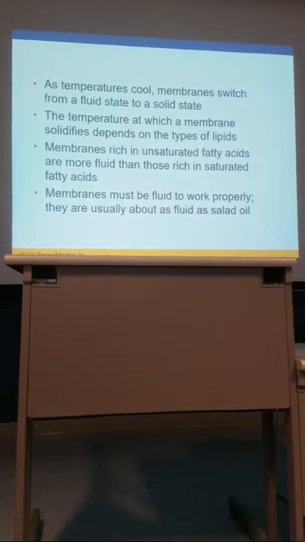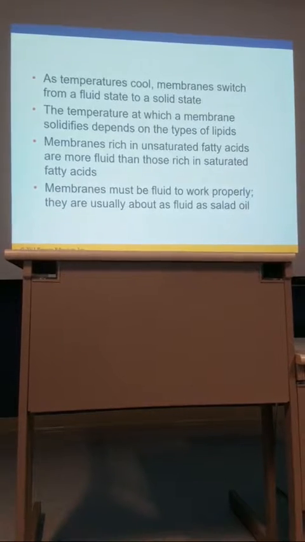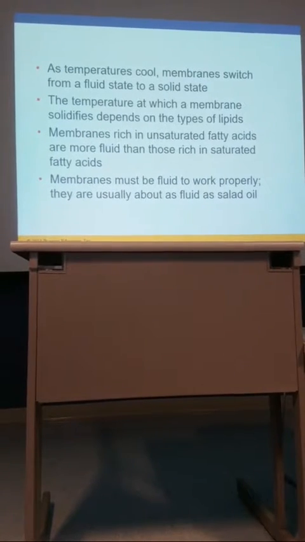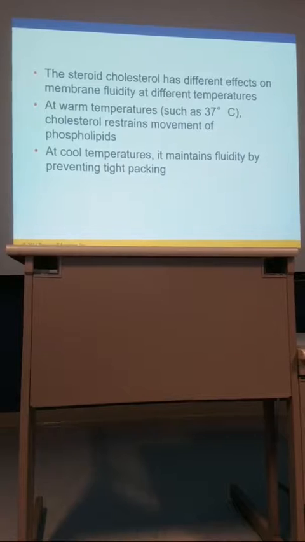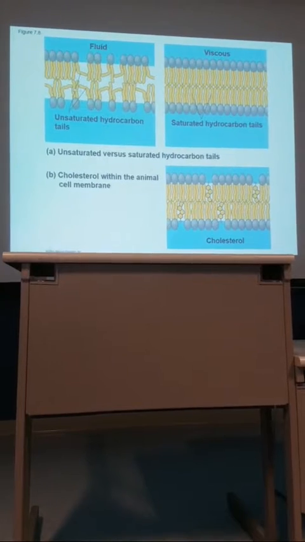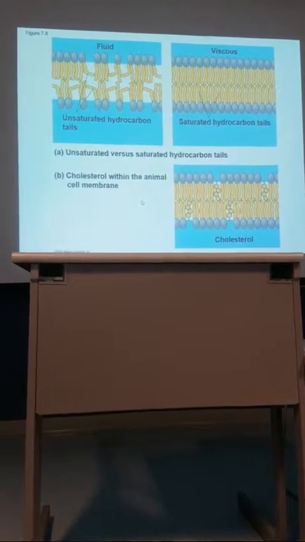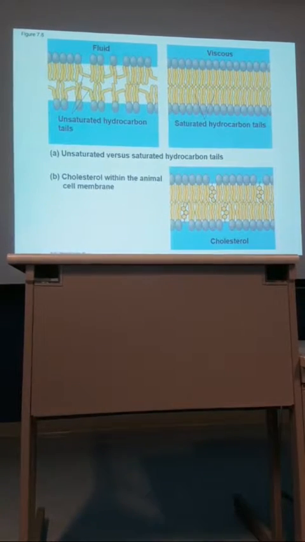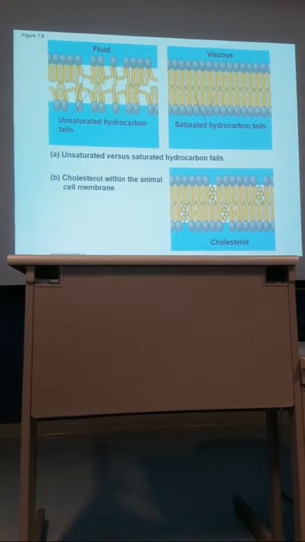Most of the membrane is going to be unsaturated. They're going to have the ability to move more. A saturated membrane in cold temperature, for example, would just basically pack up and lose its fluidity. This shows the unsaturated, and those that are unsaturated take up more space than those that are saturated. Cholesterol, as we said, plays its part.